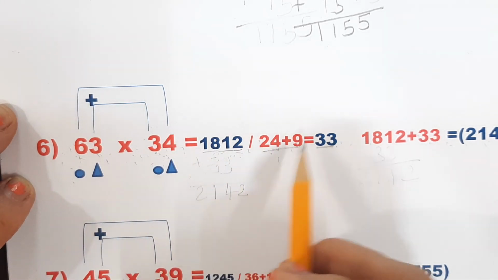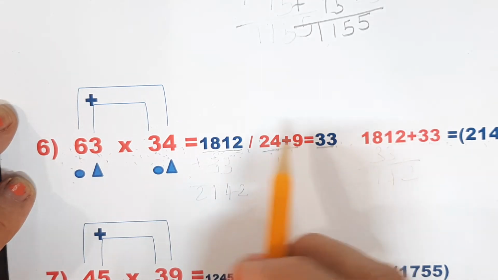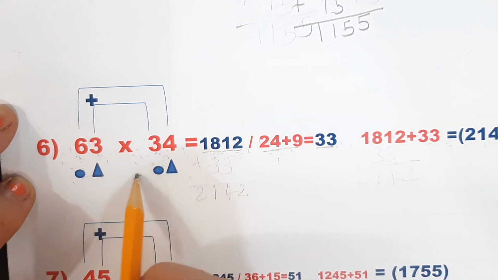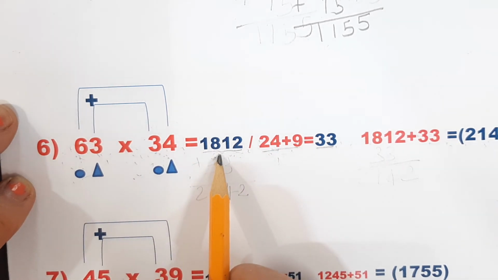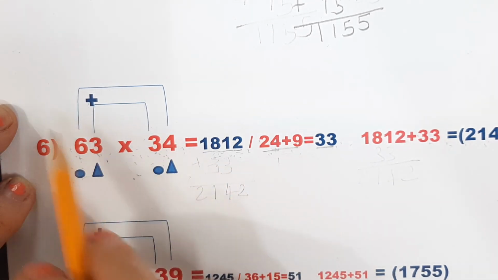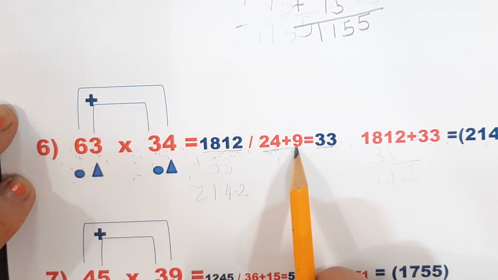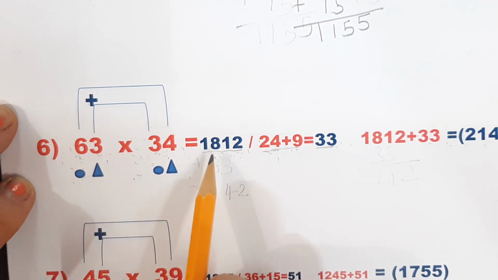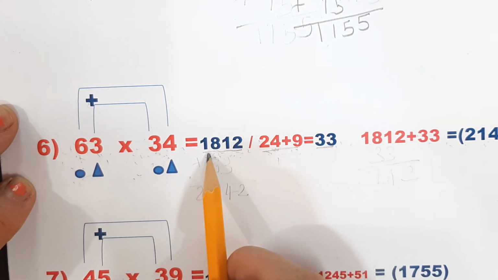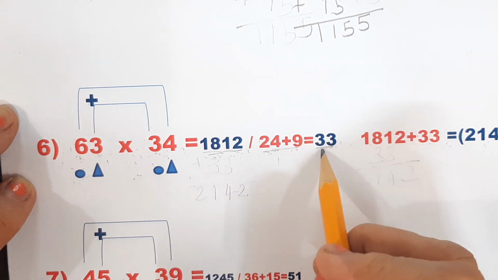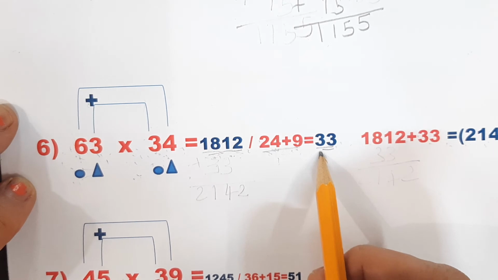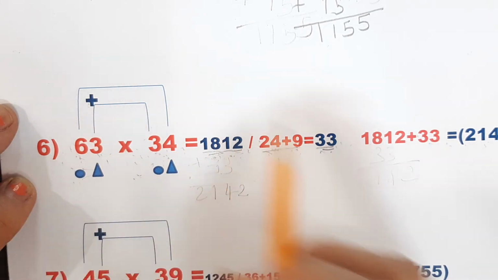You have to add both the bridge figures. The bridge figures you have to add, and the sign figures you have to keep as it is. The answer of the sign system is this, and the answer of the bridge is this. You will get the answer from the sign system, and you will get the answer 33 from the bridge system.